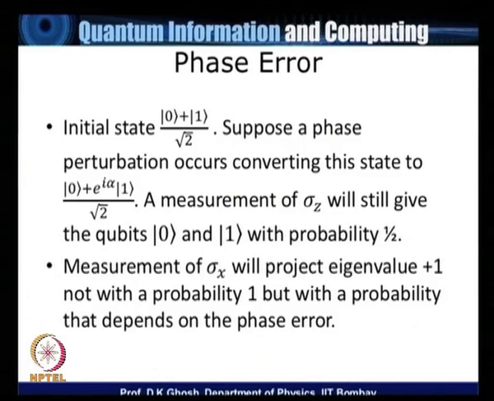Now if you make a measurement of sigma z, you will still get either 0 or 1. Well, in this particular case you have (0 plus 1) by square root of 2, so therefore the sigma z expectation value will be half for both 0 and 1. However, if you make a measurement of sigma x, remember the original state was an eigenstate of sigma x with an eigenvalue plus 1.